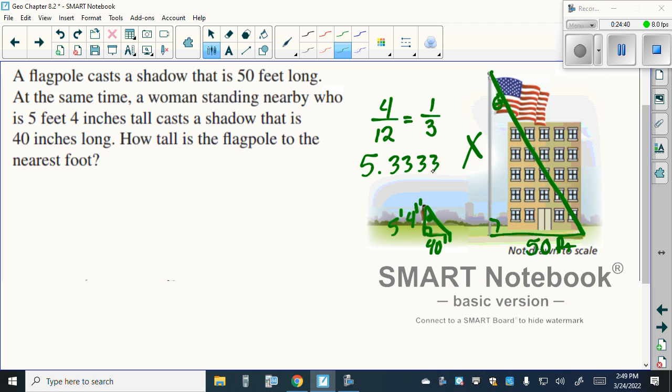I can't write 3 enough times because it's indefinite. So it might be easier to convert everything over to inches. For 50 feet, we would do 50 times 12, which would give us 600. And 5 times 12 is 60, plus 4, so we'd have 64 inches and 40 inches, yes?